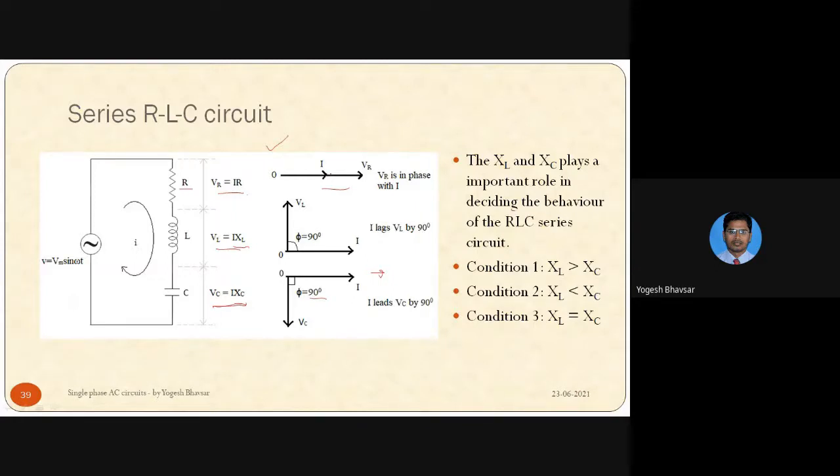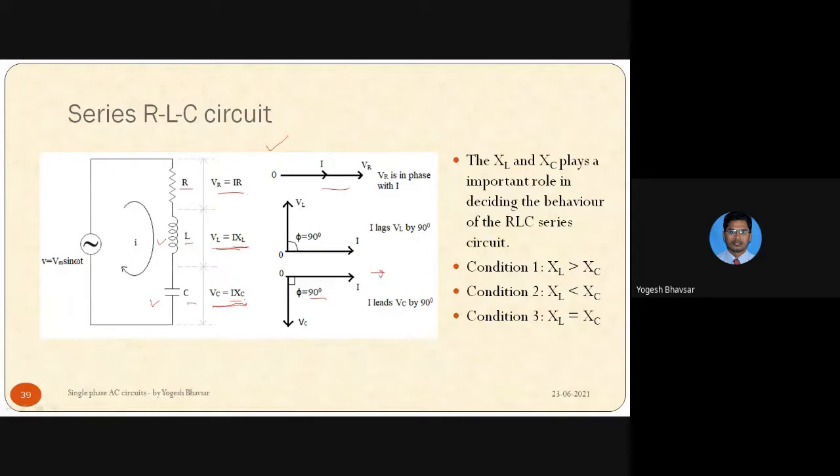But it is not like that. The complete phasor diagram depends on the value of the inductance L and the capacitance C. The opposition through the inductor, XL, will increase or decrease depending on the value of the inductance, and the same for the capacitor.